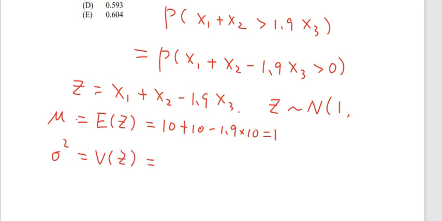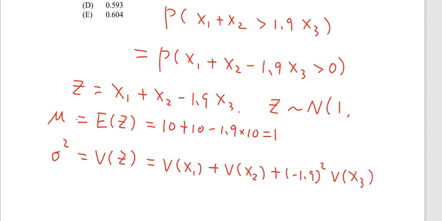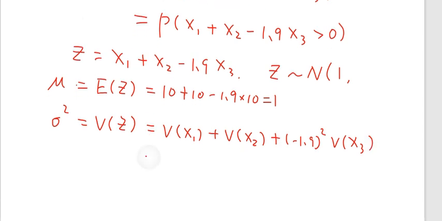Vz equals Vx1 plus Vx2, plus negative 1.9 squared times Vx3. The standard deviation is 3, so Vx1 is 3 squared, 9. So 9 plus 9 plus 1.9 squared times 9.